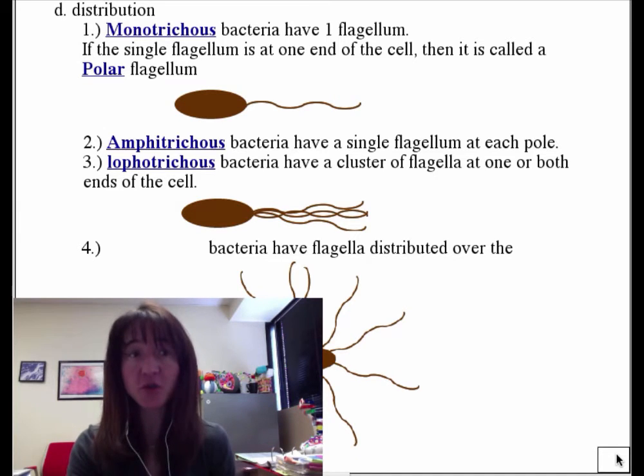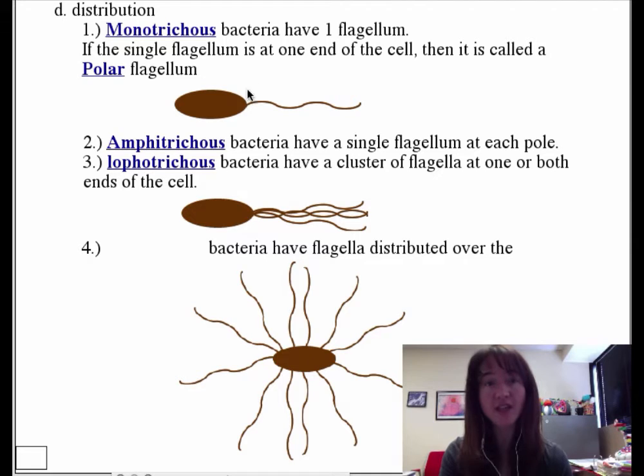So different distribution, different names for the flagella. Unknown number 140 is a great example of something that has a polar flagellum, whereas Helicobacter pylori is a good example of something that has a lophotrichous distribution of flagella. And then lastly, peritrichous, all over the surface of the bacterial cell, would be what we would see for E. coli if it's flagellated.